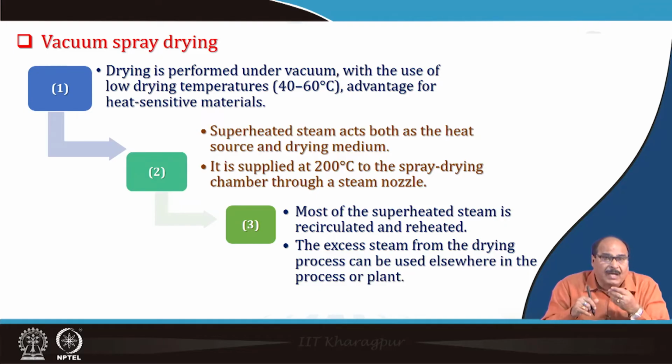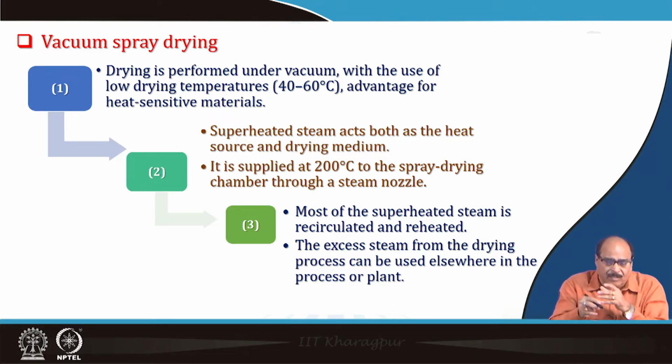Then vacuum spray drying is another option, where the drying is performed under vacuum with a low drying temperature, like 40 to 60 degrees Celsius, and it is advantageous for heat sensitive material. As I told you, fruits and vegetables in many cases contain monosaccharides, with low melting points and a low Tg value of about 50.